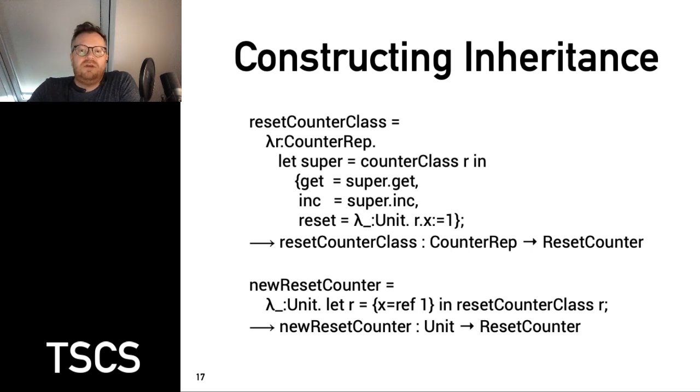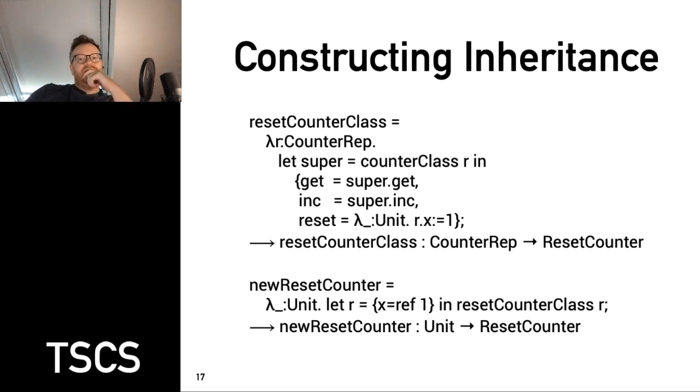And then you get a function, this reset counter class, a class function, which takes a counter representation and provides you a reset counter. Pretty neat. And then the constructor for this would be the same thing, but instead of calling counter class, you call reset counter class. And then you get a reset counter.